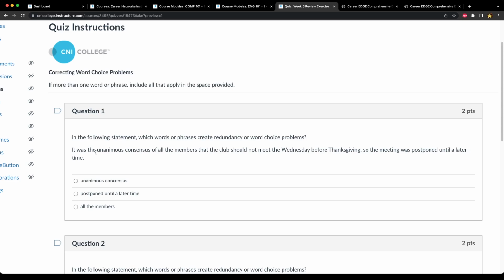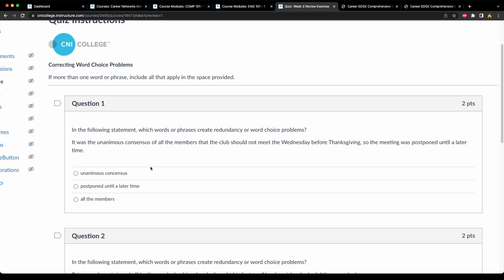So it was the unanimous consensus of all the members that the club should not meet the Wednesday before Thanksgiving, right? So the meeting was postponed until a later time. So here, what are we looking at? Is there something that is creating redundancy or word choice problems? For this one, we can take a look.